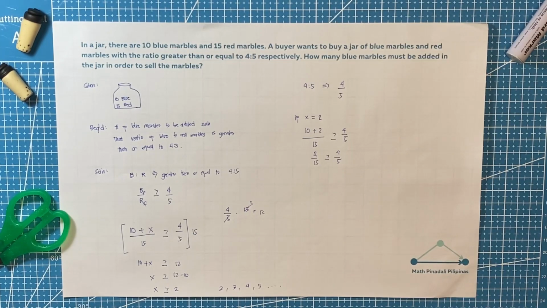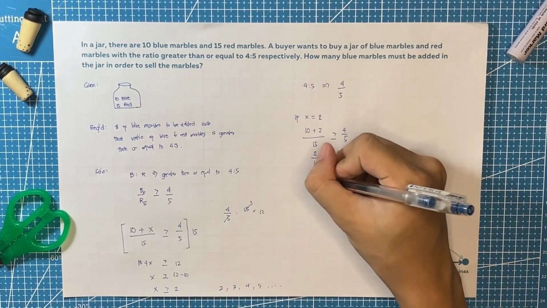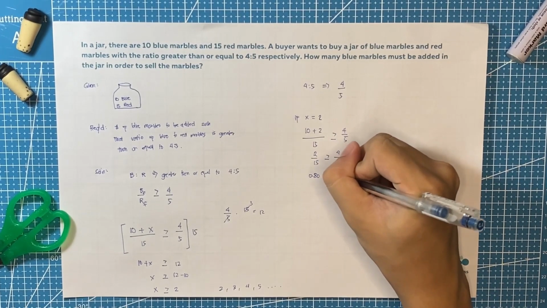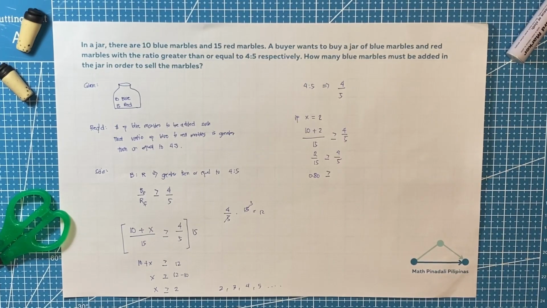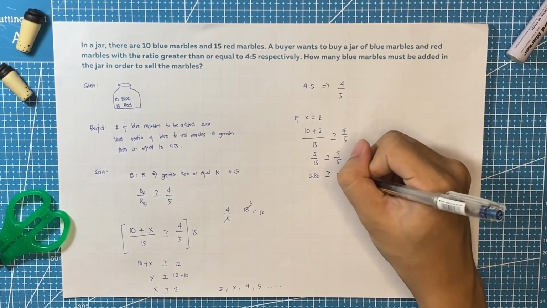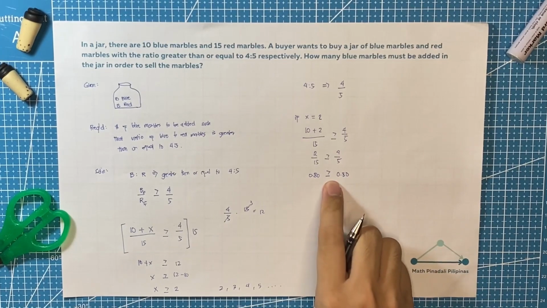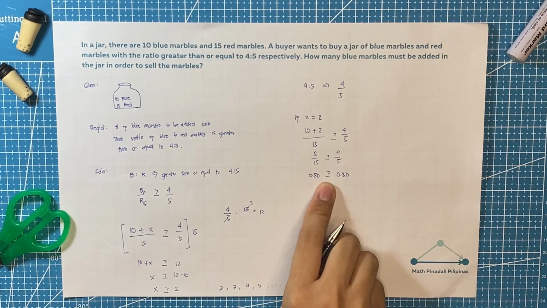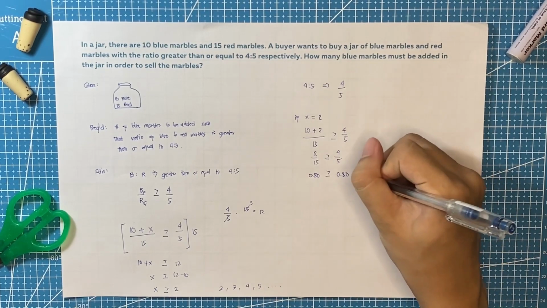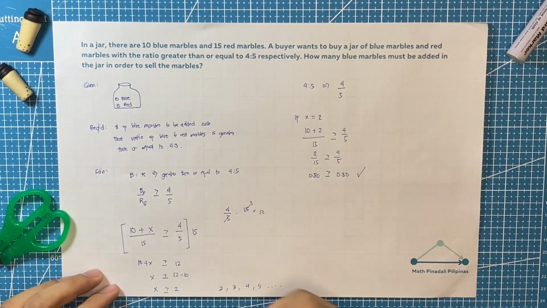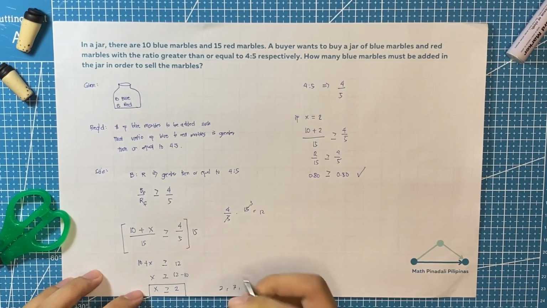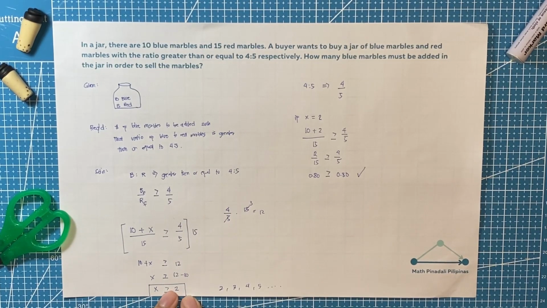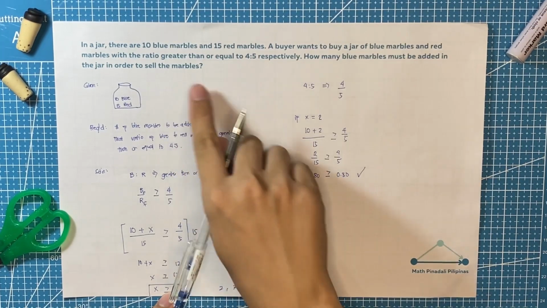So, 12 divided by 15 gives us 0.80, greater than or equal to 4 divided by 5, that's 0.80. And again, 0.80 is greater than or equal to 0.80. Tama naman, kasi 0.80 considered yung equal. So, our final answer would be x should be greater than or equal to 2, or at least 2 marbles should be added in order to sell the marbles.